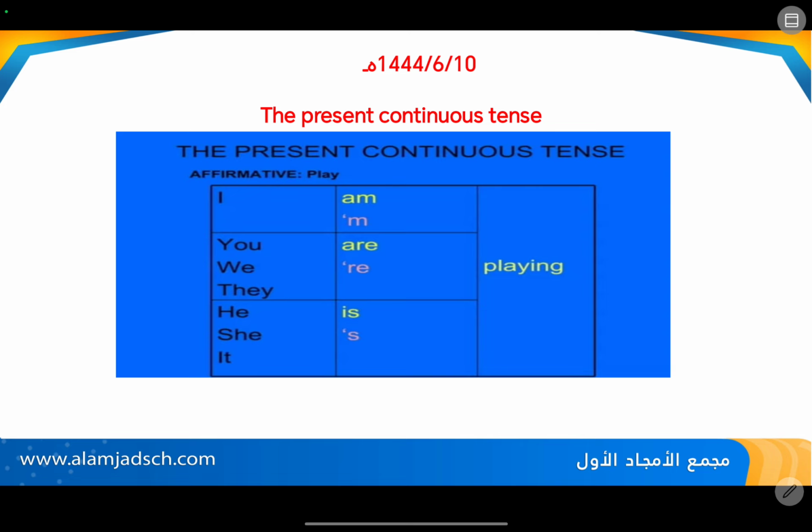To make a sentence in the affirmative form, I have to start with the subject pronouns or the subject in general, and after that add the auxiliary verb, the verb to be. For example, with I, I add am, being I am.